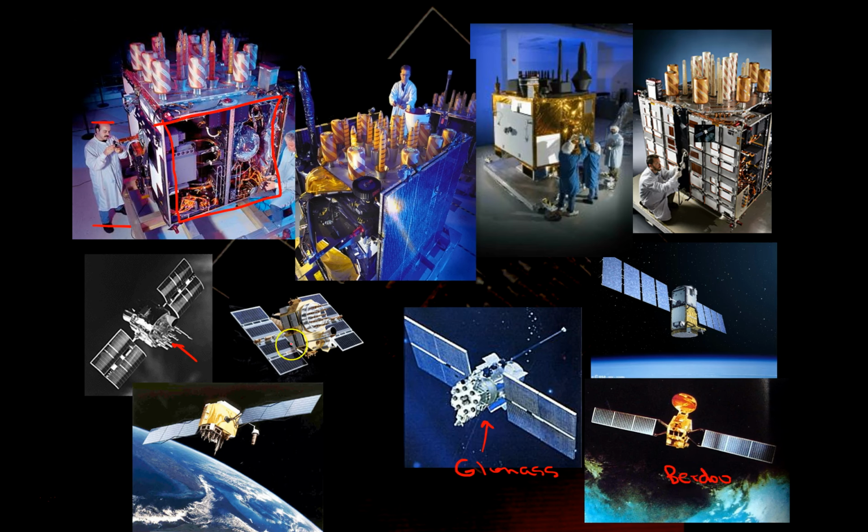This is artistic, and I think these other ones are just artistic renderings. I think this is an artistic rendering of what the Galileo satellites will actually look like. But again, there's a whole bunch of very complex systems here with multiple antennas for transmitting and receiving, and power supplies, and radiation hardening so they can withstand being in space, and all these other things in these very, very complex systems, which are GPS satellites.